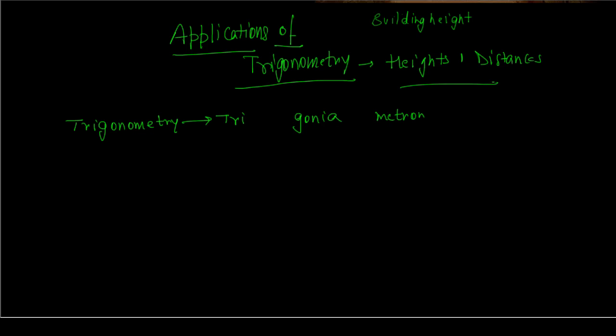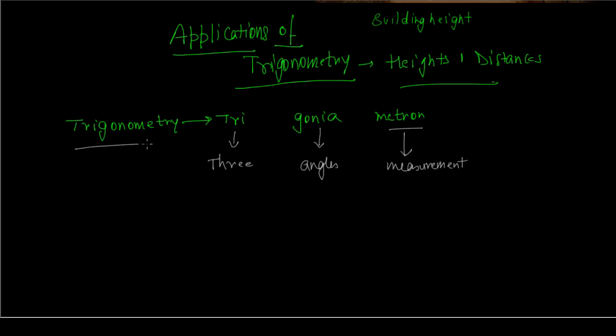Tri means three. They're all Greek words. Gonia means angles, and metron means measurement.